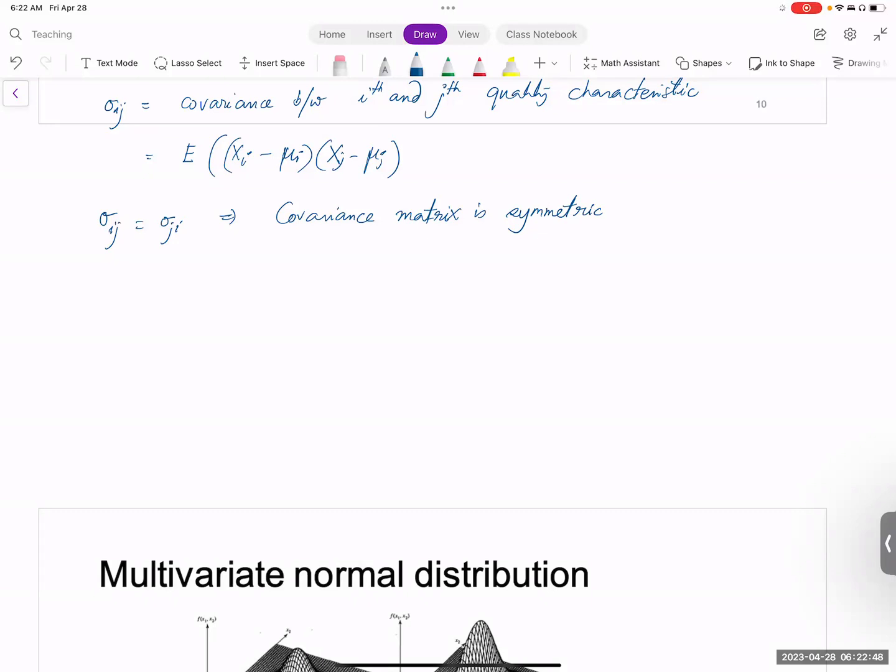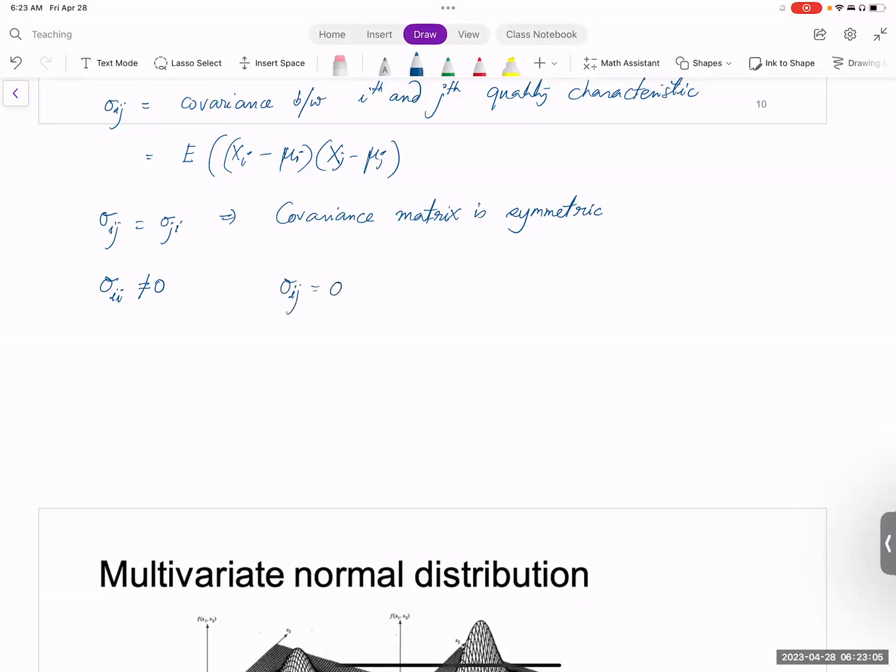Another thing is sigma I is not equal to 0, because this is really the variance. Variance cannot be 0. If variance is 0, it becomes a constant quality characteristic. And then sigma ij could be 0.